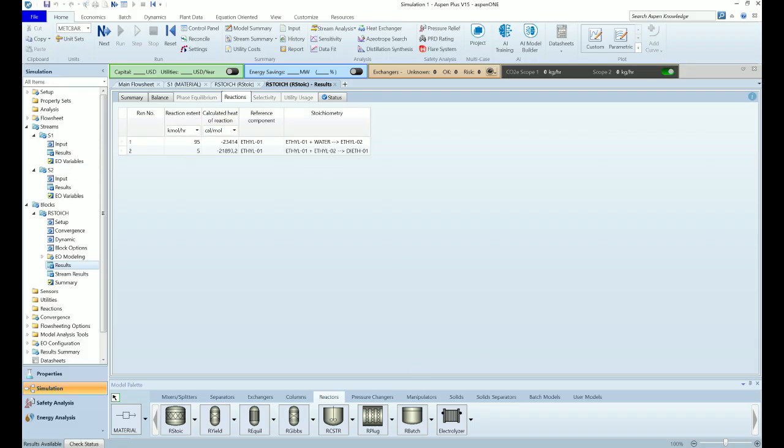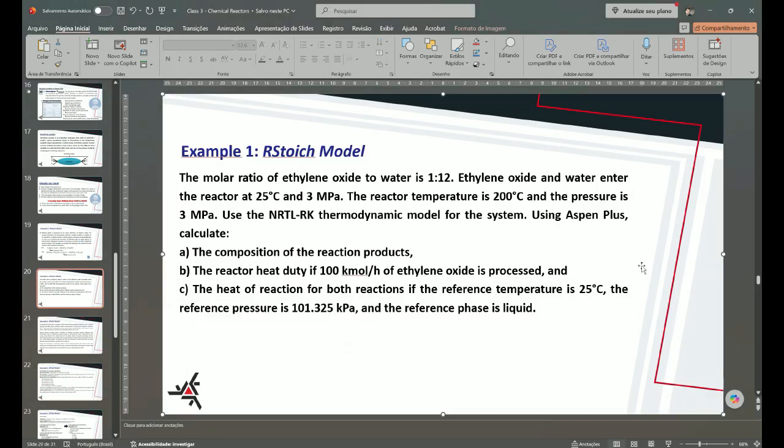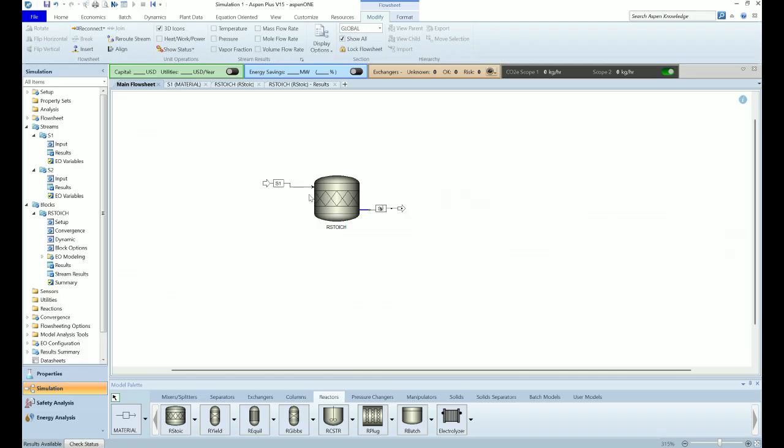So we answered all our questions and we have these results that are valuable for simulating a model of the RStoic model. Remember to save your simulation, and let's go to the next example.